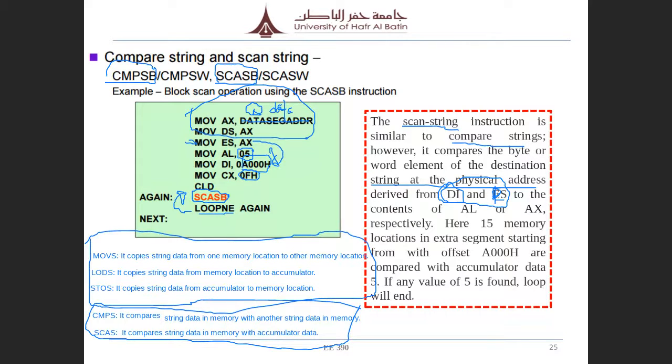The accumulator can be AL or AX, depending on whether it is a byte or a word. Here 15 memory locations in the extra segment starting from offset A000H are compared with accumulated data 5. If a value of 5 is found, the loop will end. Otherwise, it will continue.